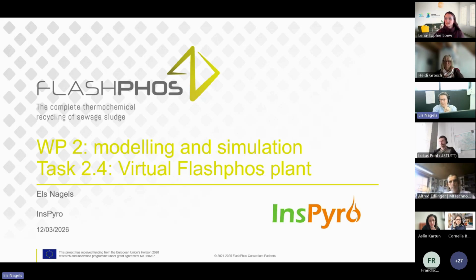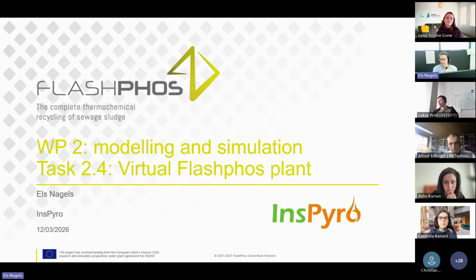So, as Christian already mentioned, this project had a rather large work package on modeling and simulation, which comprised not only the digital twin work, but also other modeling efforts that were needed to design and optimize this FlashPhos reactor. I'd like to take the same approach as I did earlier, following a bit the timeline in how we made the first steps and how this project delivered a digital twin to the consortium.